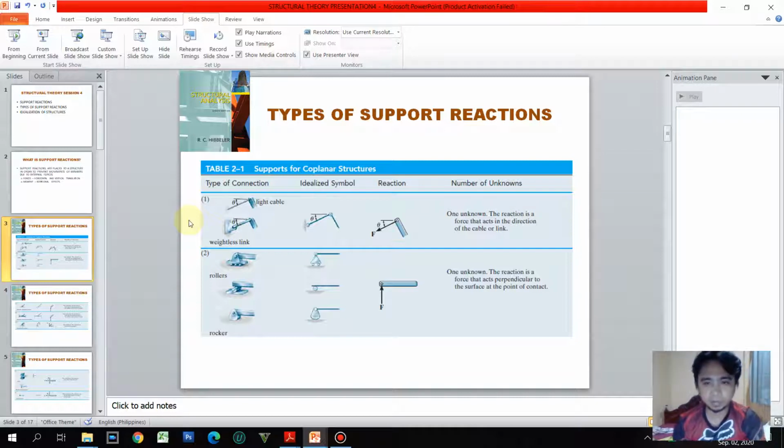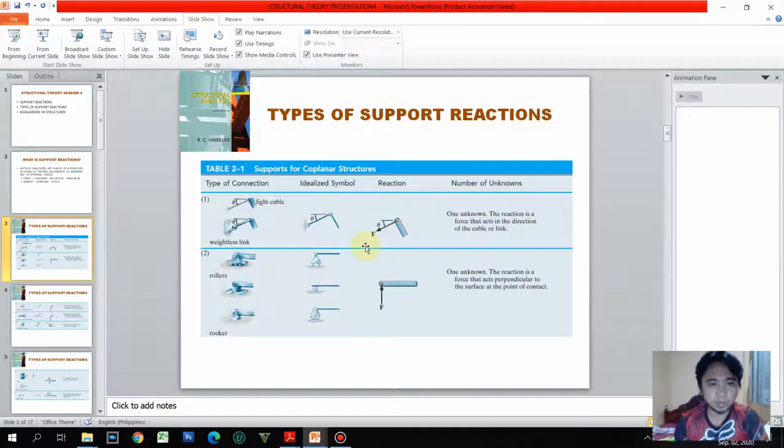So what is the reaction? Of course, we have a cable, and remember that a cable supports a tensile load. Therefore, the reaction here is tensile in nature, so an arrowhead going away from the member. The number of unknowns is only one, the force along the cable itself.